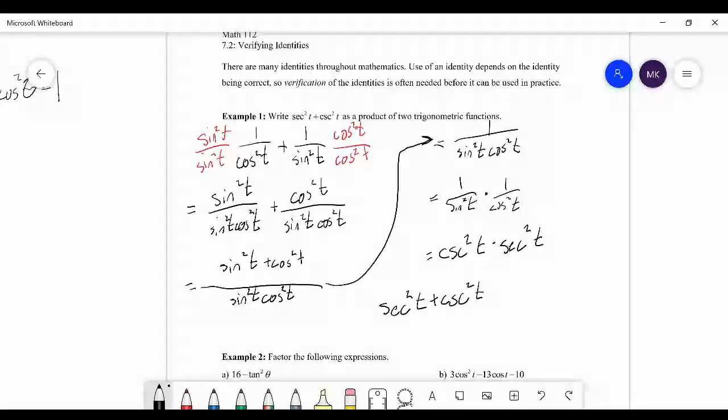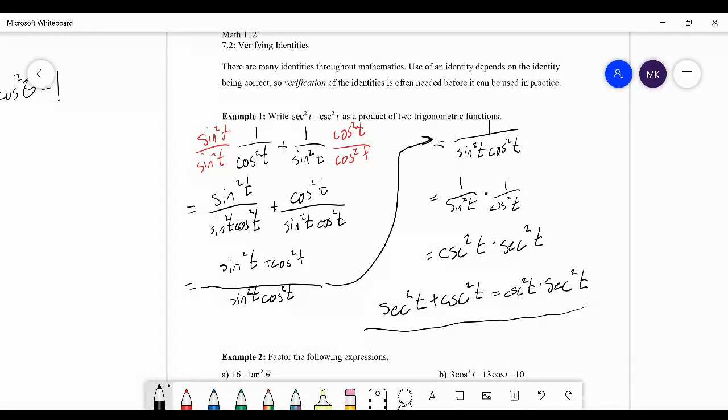And through doing these basic algebra steps and applying definitions of trig functions and some of those things that we already know, we have that is equal to cosecant squared t times secant squared t. So what's crazy is we are saying that if you add secant squared and cosecant squared of the same angle, that's the same as multiplying cosecant squared and secant squared of the same angle. That's cool. Now this right here is an identity.